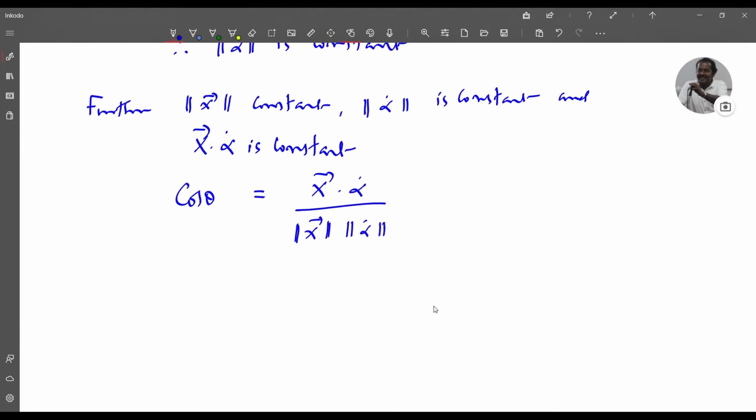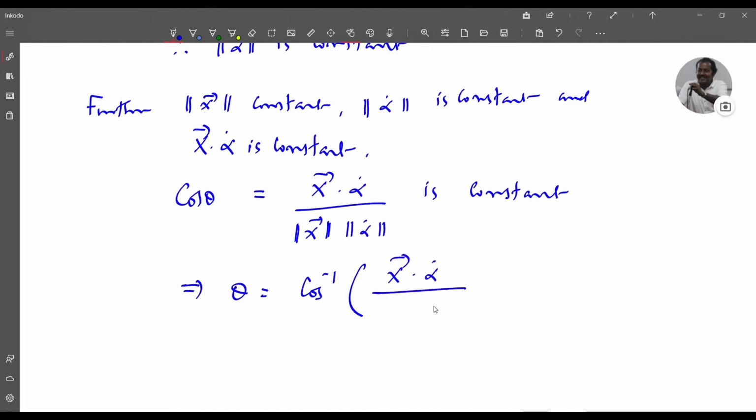This is a constant. So this implies theta equal to cos inverse of X dot alpha dot divided by norm X into norm alpha dot, which is constant.